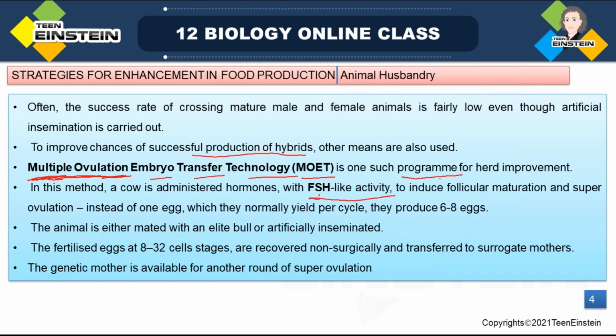So what is the activity of FSH actually? Follicle stimulating hormone has a very important role in sexual reproduction, in sexual development and functioning.